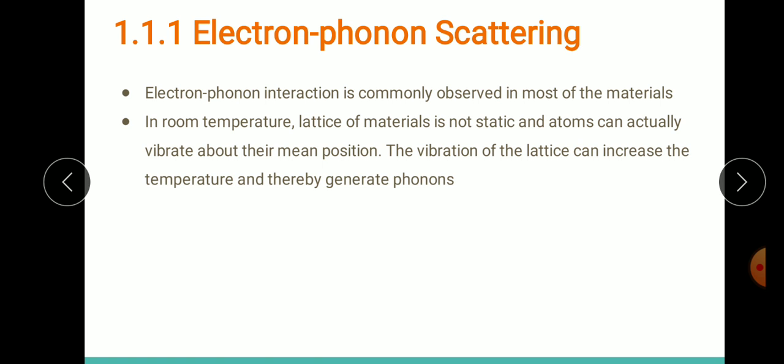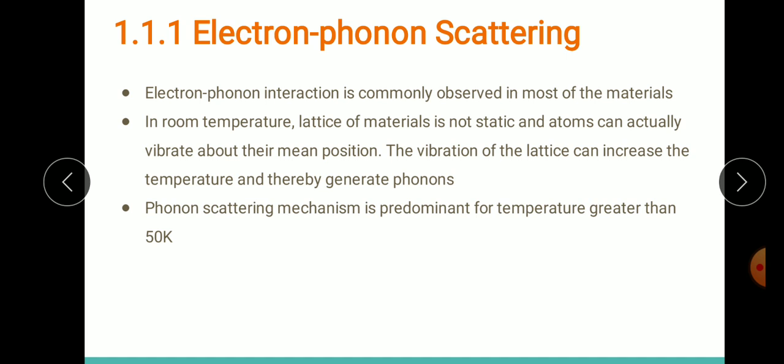Okay, so we have the lattice of our structure, and at room temperature itself the lattice is not constant. The lattice keeps vibrating along its mean position. Due to this continuous motion there is a development of temperature, and this temperature and this lattice vibration will cause the generation of phonons.